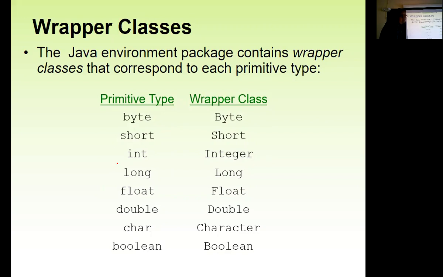And for integer, you have the word spelled out with a capital I. Those are the wrapper classes for the primitive types. So all primitive types have a class that we can use to wrap the primitive type into, if we need the actual object type for some operation.